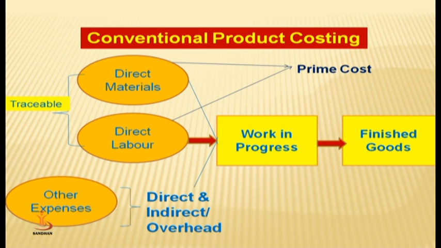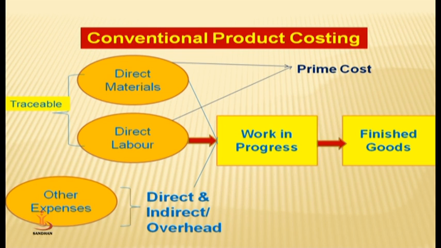Whereas the other expenses, in that the indirect material, the indirect labor and other indirect expenses, are a part of overhead, which is not traceable. They are all together and become a part of a product.